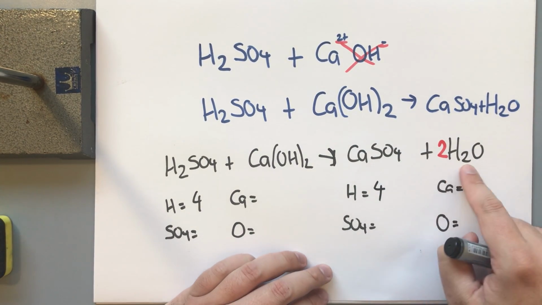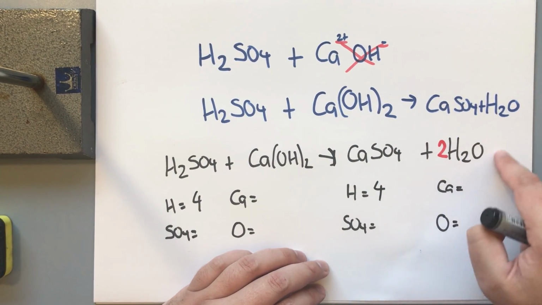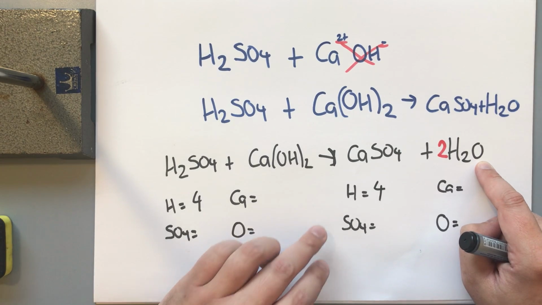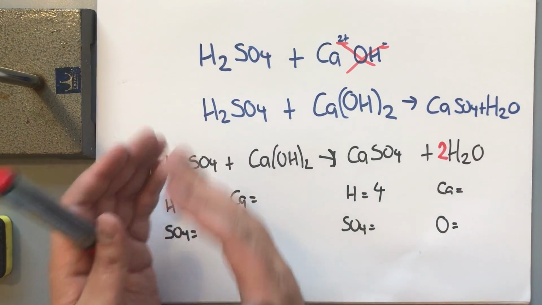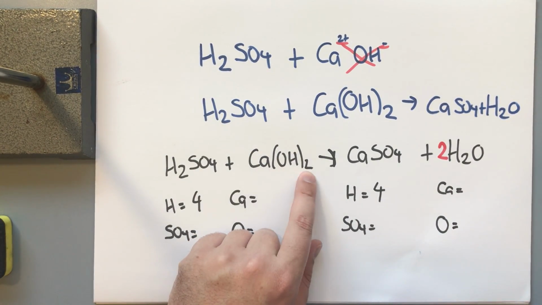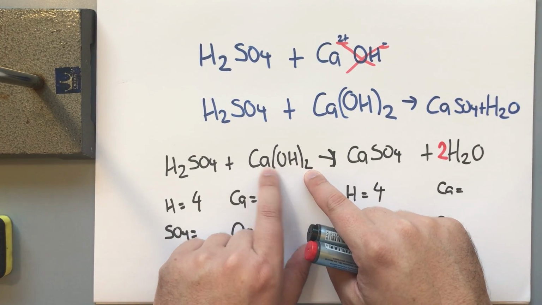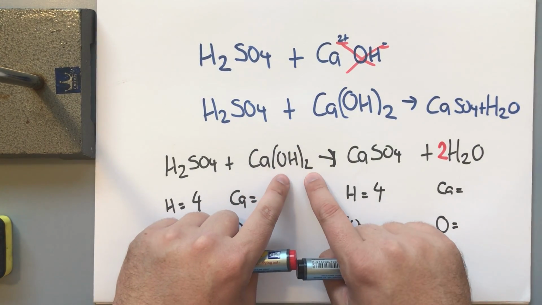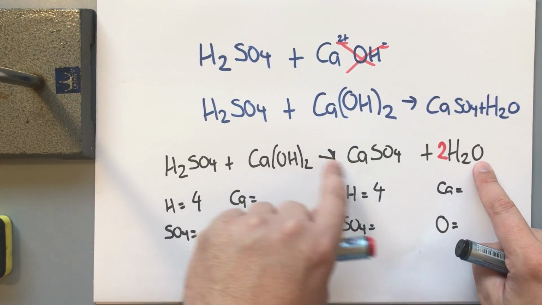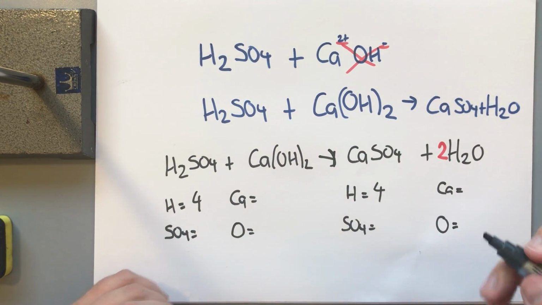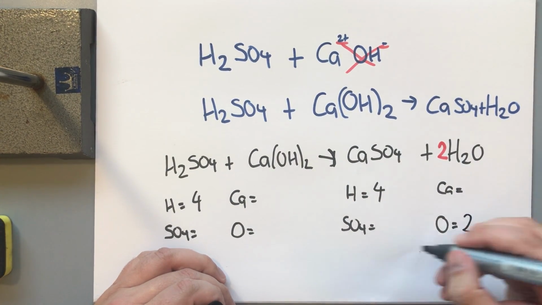Now in doing that 2 there, we're now saying we've got 2 oxygen atoms. And if we look over on this side, ignoring the sulfate for a second, we can see we already have 2 oxygen atoms there. Hydroxide, we've got 2 of those bonding to calcium. So 2 oxygen atoms, 2 oxygen atoms. So we can say that that is balanced.